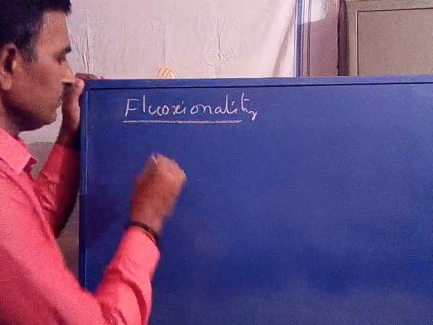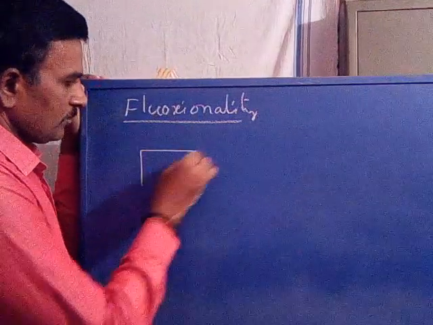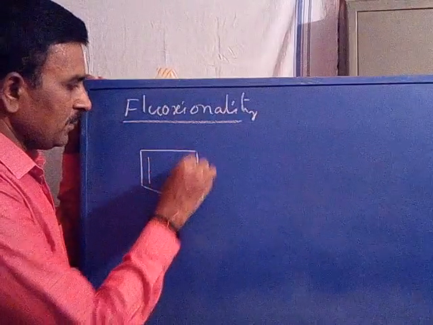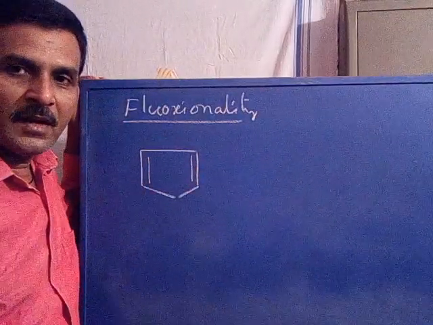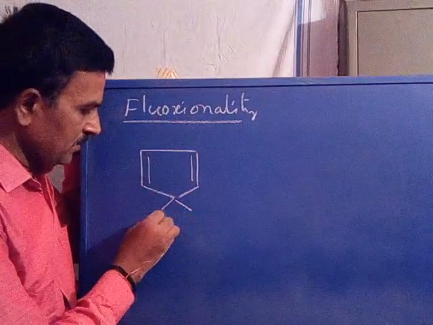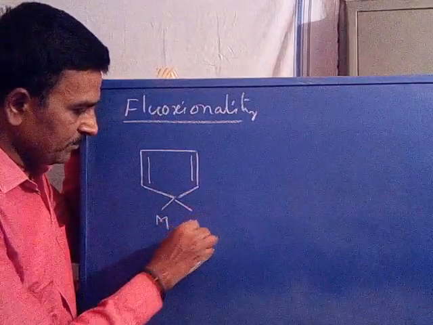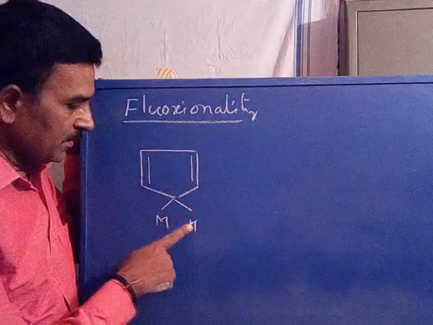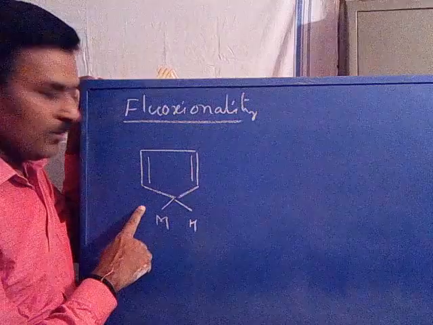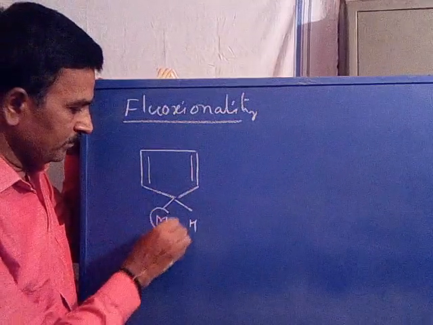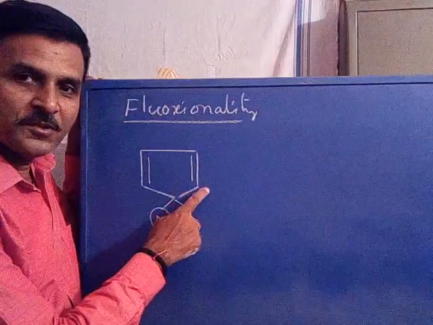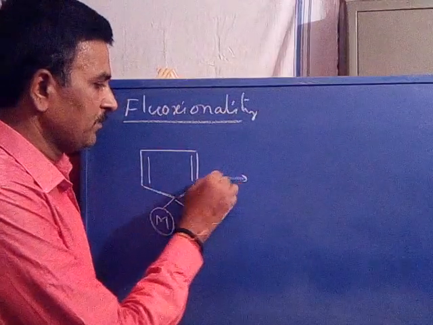For example, you take a cyclopentadiene, cyclopentadiene attached with a metal ion. This is M, metal, this is hydrogen. Is it clear? Say for example, now exchange of the metal from this position to this position. You see what happens.